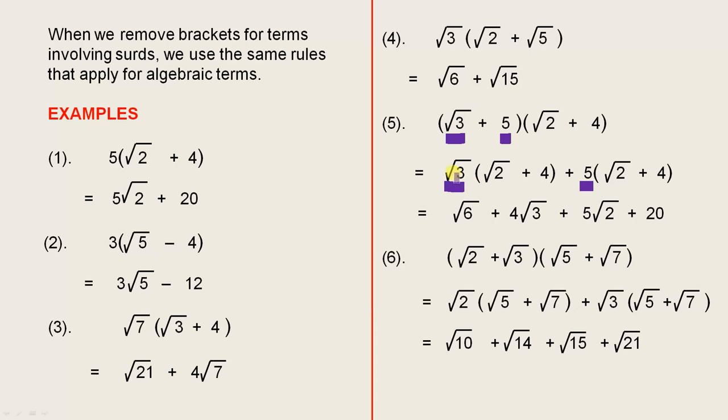When we multiply the square root of 3 by each of those two terms, we have those two terms. When we multiply 5 by those two terms, we end up with those two terms. None of those are like terms, so that is the answer.